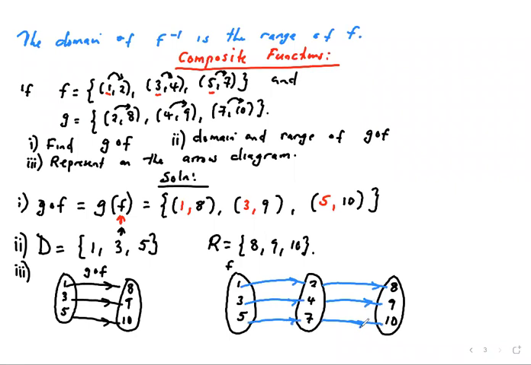So ultimately, we want to get this first one and the end one. The first one and the end one. That is what forms the composite. So that's how we obtain it.